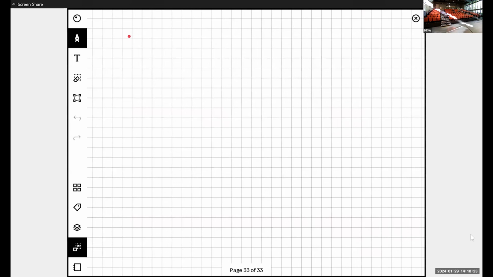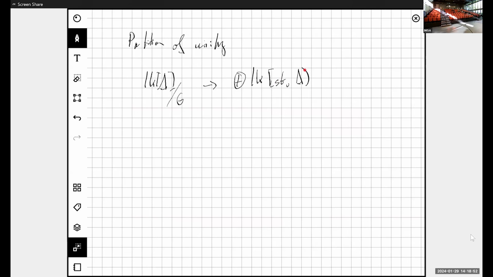So this in particular means, okay, that this is a partition of unity. Partition of unity is for me just the injection of K delta modulo theta to the direct sum over the vertices of K star modulo theta.